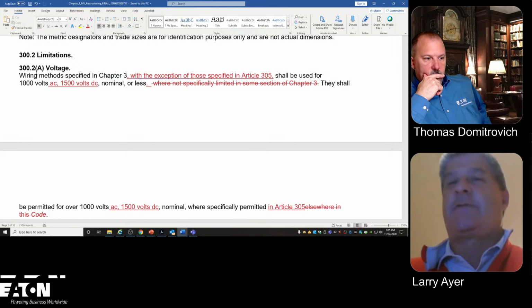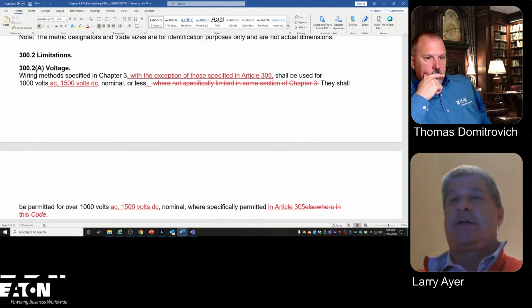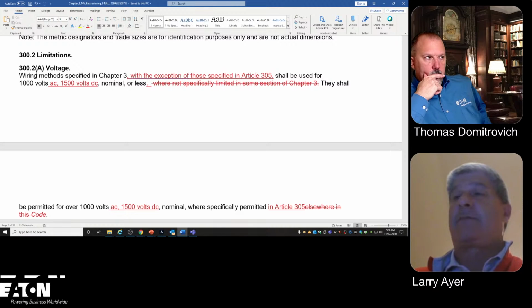So the question is, when you go to Chapter 3 wiring methods and you look at this, you really can't figure out what wiring method applies above 1,000 volts. Some, for instance, like the new class, I think Type P cable, which is used for marinas, says you can use it up to 2,000 volts.